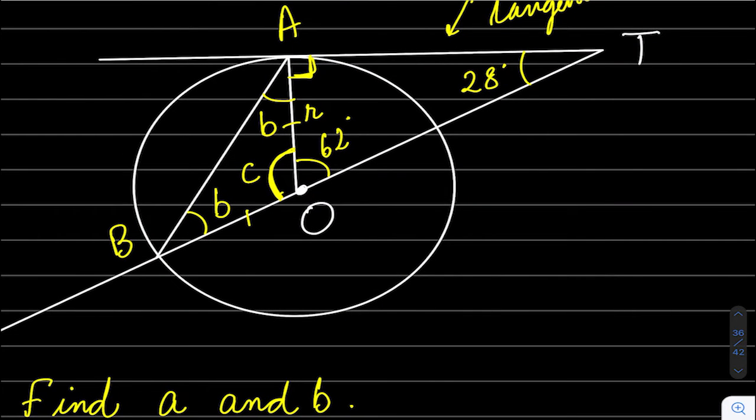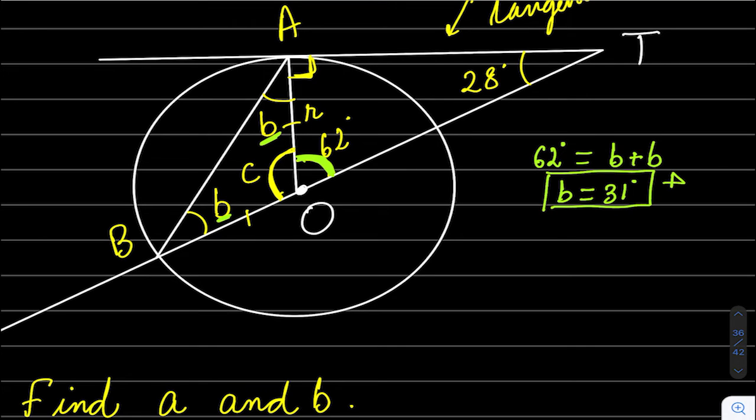Now see, in this triangle AOB, this angle 62 degrees is the external angle of this triangle. So this should be equal to the sum of the two internal angles. What are the two internal? This B angle and this B angle. So you can directly also write 62 degrees is equal to B plus B. So which gives us B as directly 31. So you can use this also.